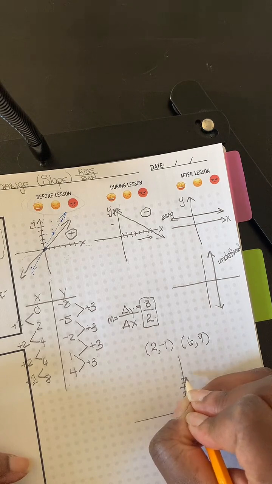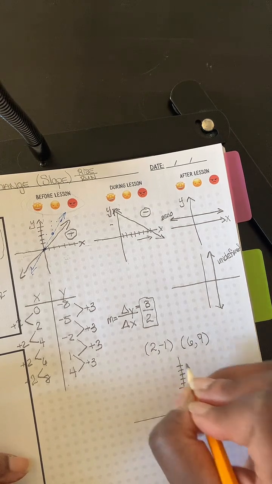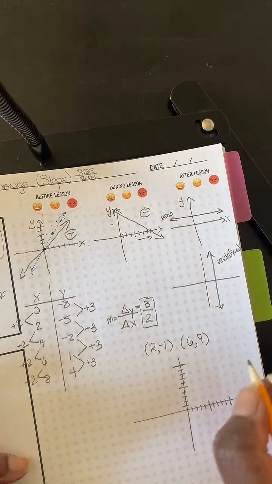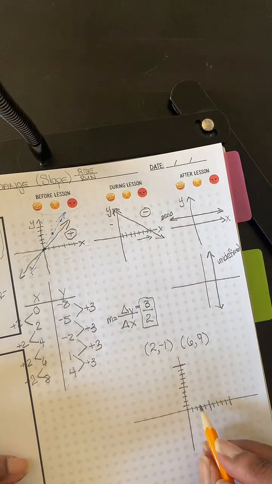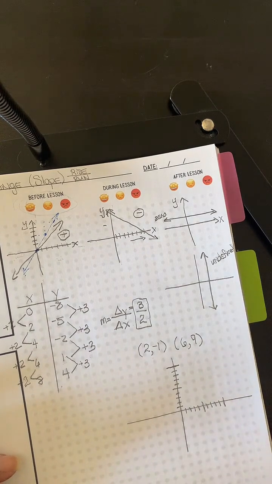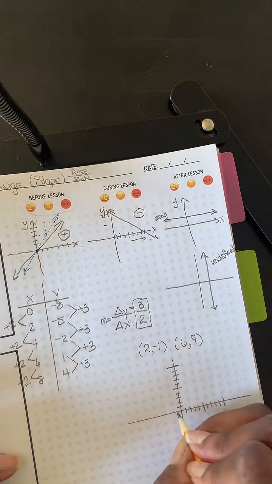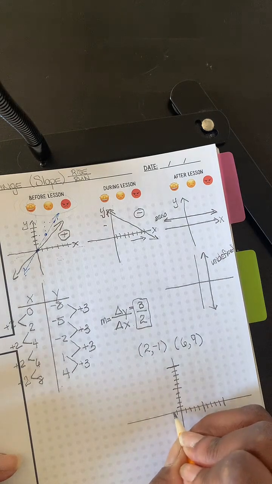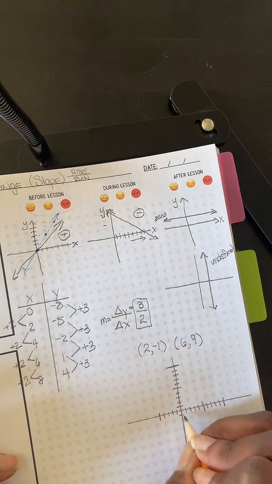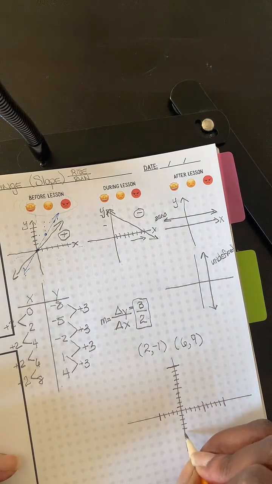Notice I used the dots. 1, 2, 3, 4, 5 right here. I use the dots to kind of help me use my graph so it can be somewhat consistent. And then we got some negative numbers here as well. And I like to make my 5s a little bit bigger.